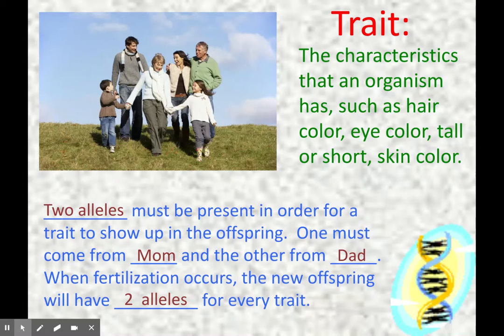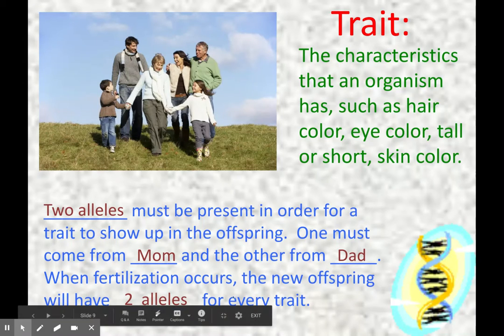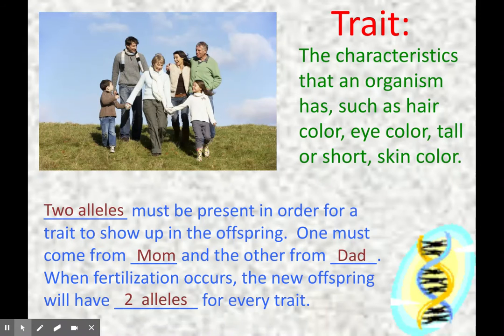Are you more susceptible to certain diseases or not? You're going to get 2 alleles, one from the mother and one from the father, for every trait. Now, for some traits, it takes more than one pair of alleles to determine what that trait is going to be, but you're going to get one allele from mom and one allele from dad to help determine what your traits are going to be.